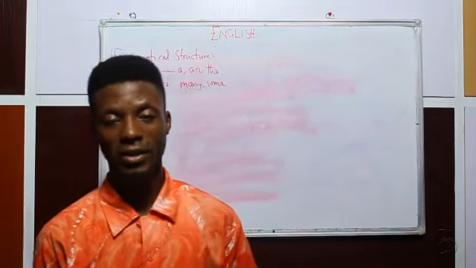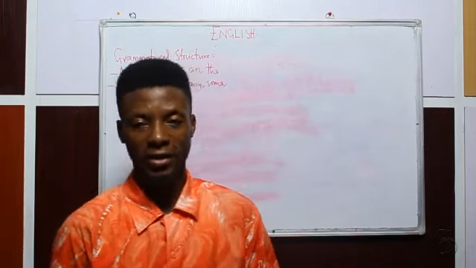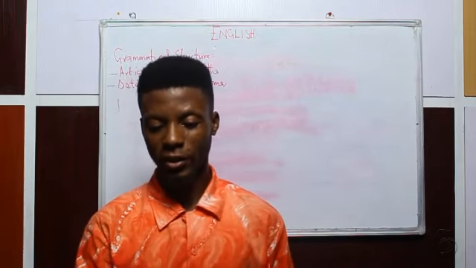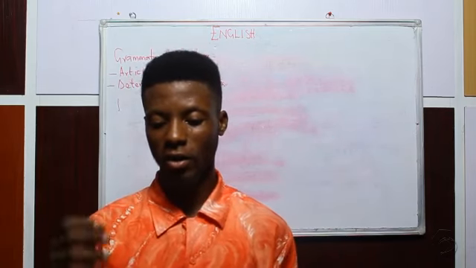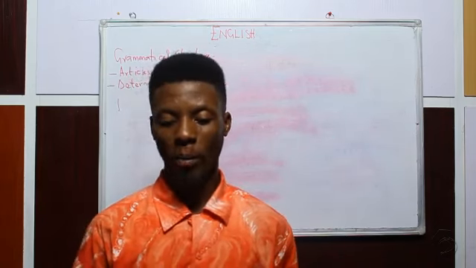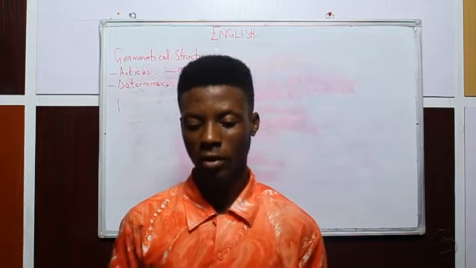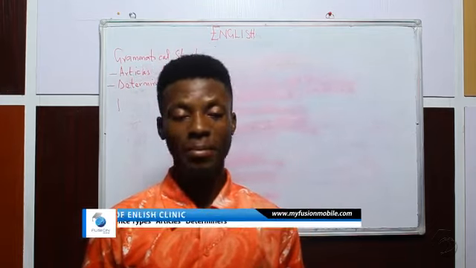First, let's take a look at how any is used. It is used to refer to a part of an unstated countable noun or prepositional phrase. For example, any member of staff can invigilate. Any of the pupils may answer the question.